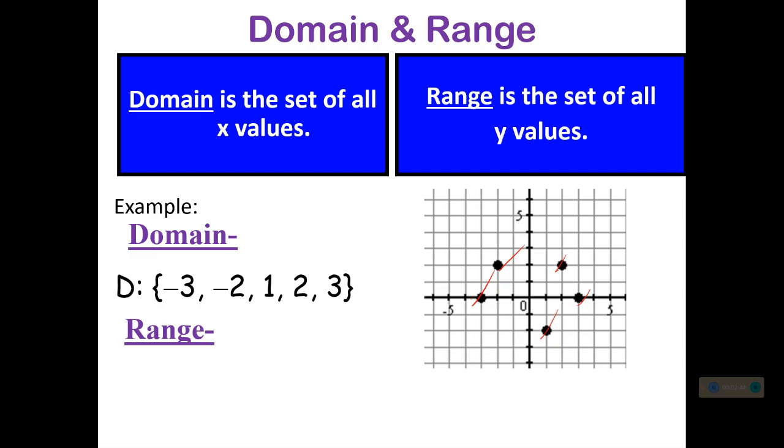The range will be -2 from this point, 0 from these 2 points, and 2 from these 2 points. I hope it is clear. Is there any question? Just simply look for the ordered pairs so that you can give the domain and the range.